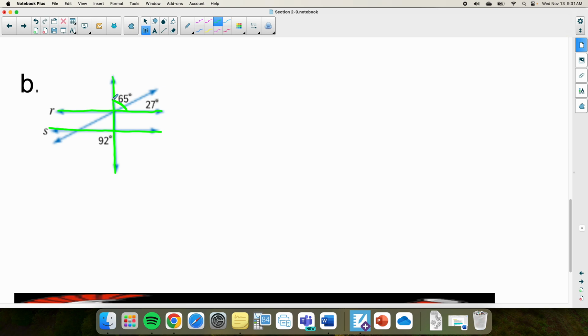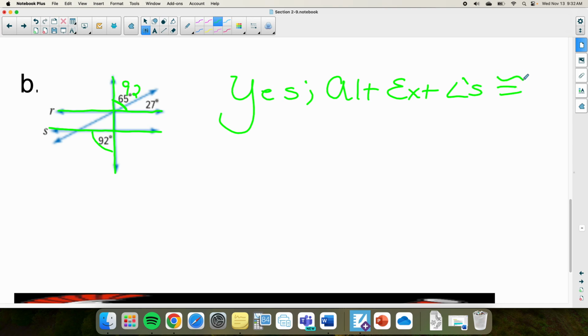And 65 plus 27 would be 92. And notice down here, that angle's 92. So are those two lines parallel? Yes. And for this one again, they are alternate exterior. So we're going to say alternate exterior angles congruent.